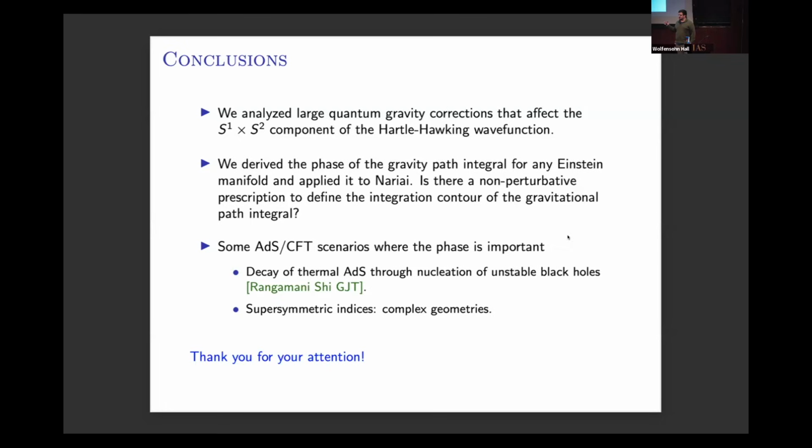In the first part of the talk, when I'm talking about the wave function of the S1 cross S2 universe as a subleading contribution to the Hartle-Hawking wave function, I wouldn't expect it to be imaginary. I think there it makes more sense to be real. But in the second case, where you have your vacuum and then some pair production of black holes, I think it makes more sense to be imaginary.